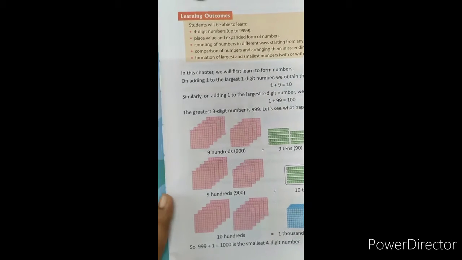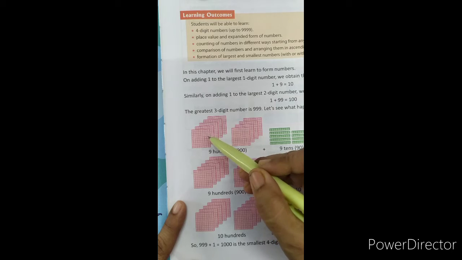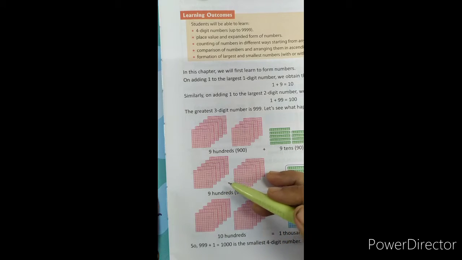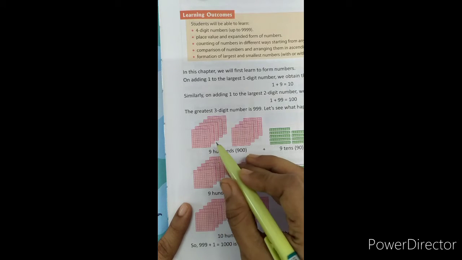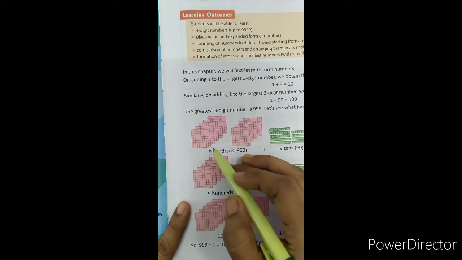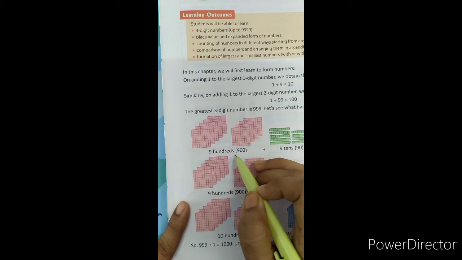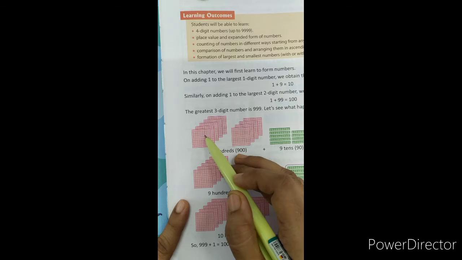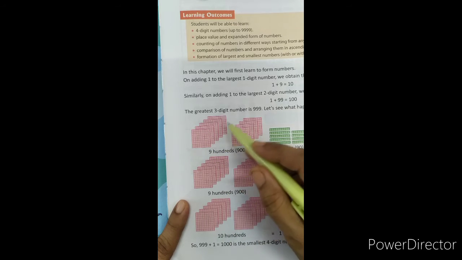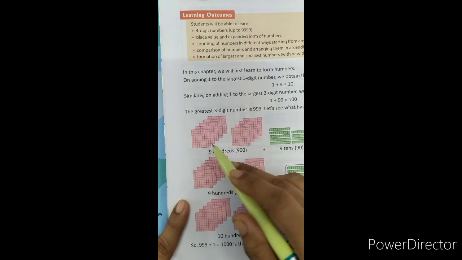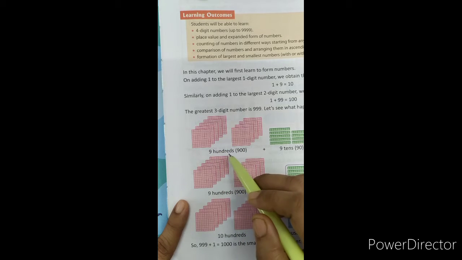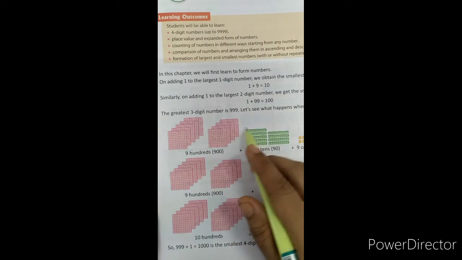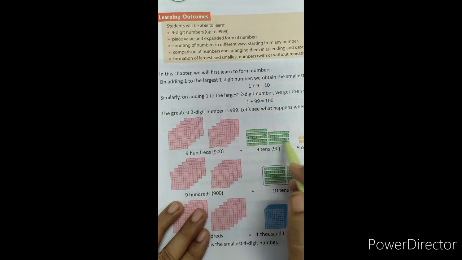If you count these slabs, there are 1, 2, 3, 4, 5, 6, 7, 8, 9 slabs there. So 9 slabs means you have 9 hundreds, isn't it? Because I have already told you that one slab has 100 squares. So if you have 9 slabs, that means these slabs are 900.